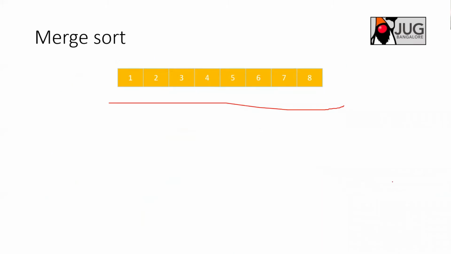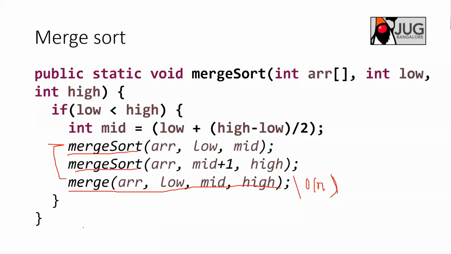So basically, these two merge functions are taking log of n levels, and you are calling merge on top of it. So the time complexity of this is big O of n log n, for finally merging that.